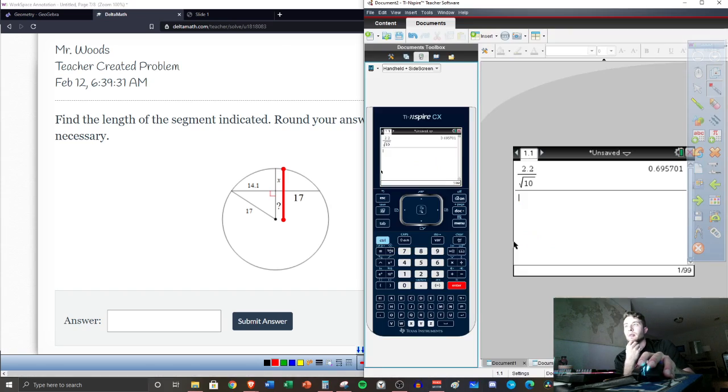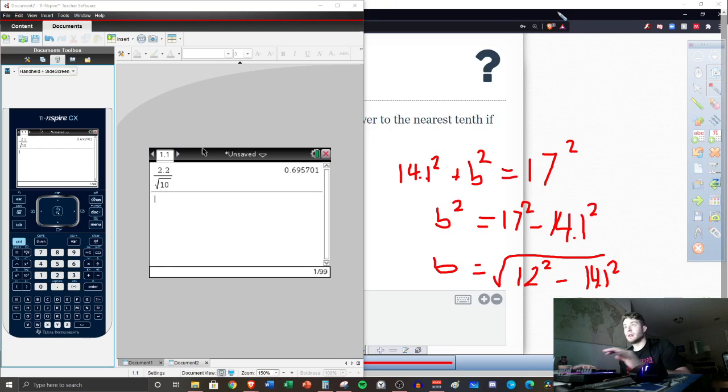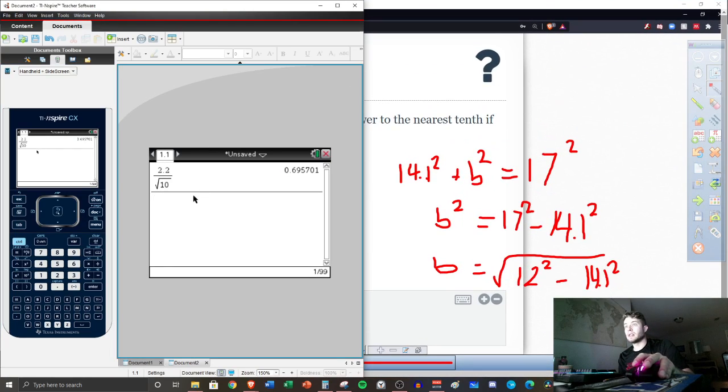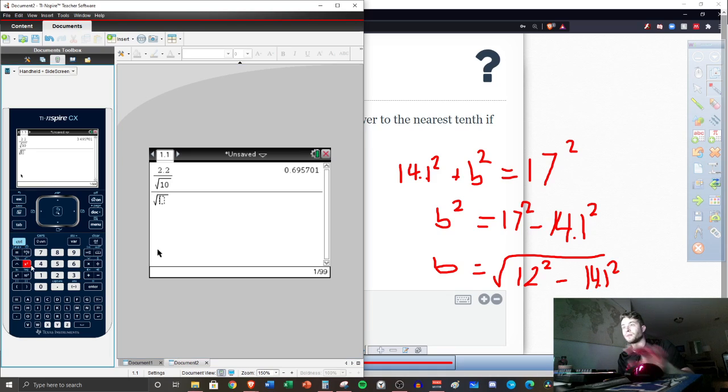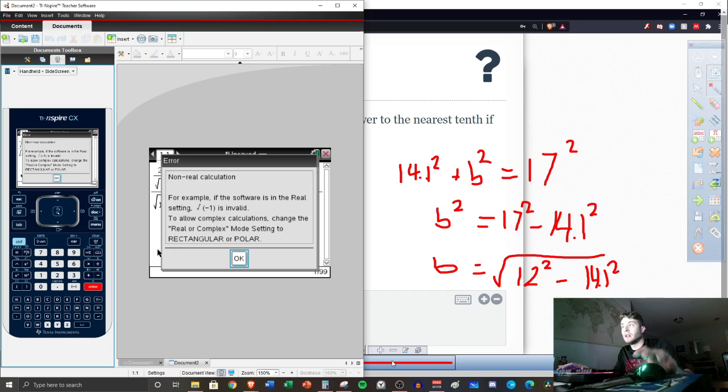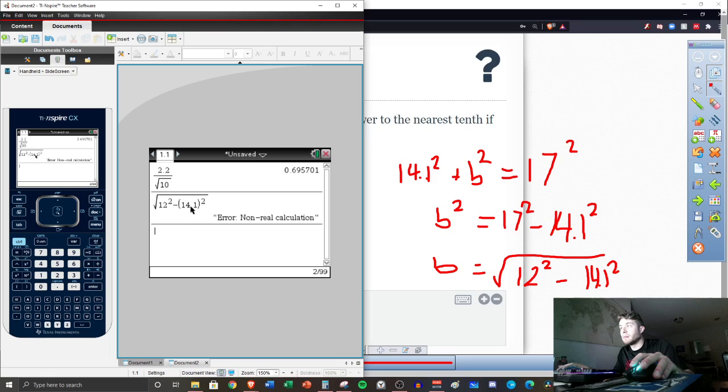So let me grab my calculator for this. Let's do square root of 12 squared minus 14.1, we're going to square that. Hit enter. What did I mess up? Oh, I did 12. Why did I do that? Hold on.